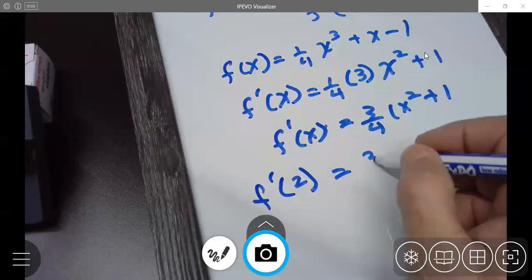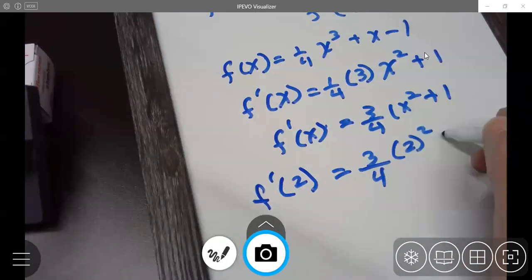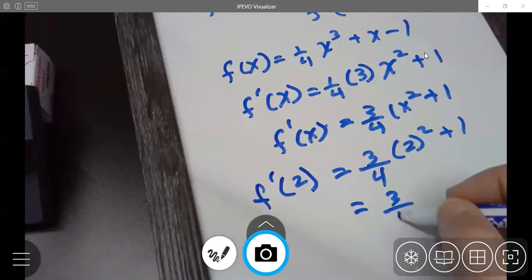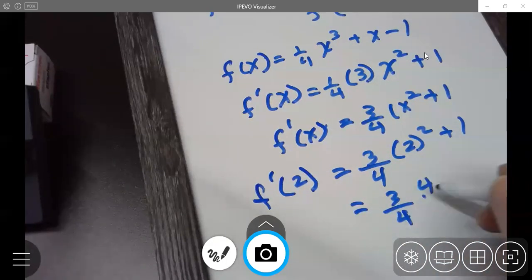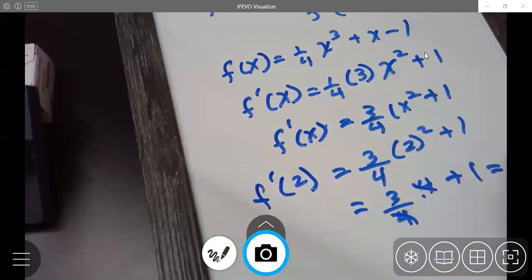So we put in 3 over 4, 2 squared plus 1, and we get 3 over 4 times 4 plus 1. The 4's cancel, and we get 3 plus 1 is 4.